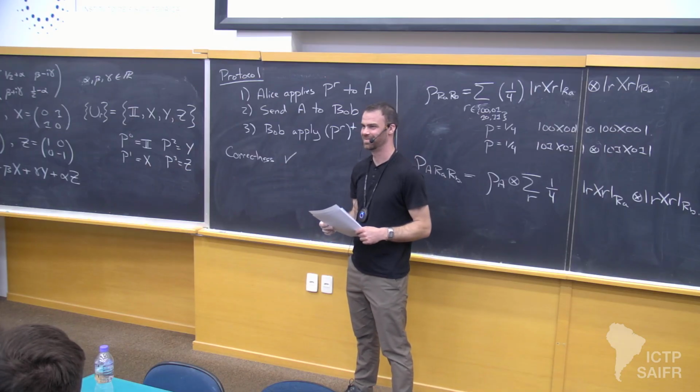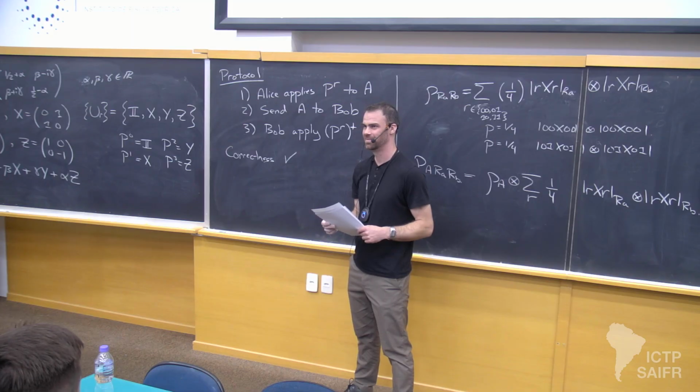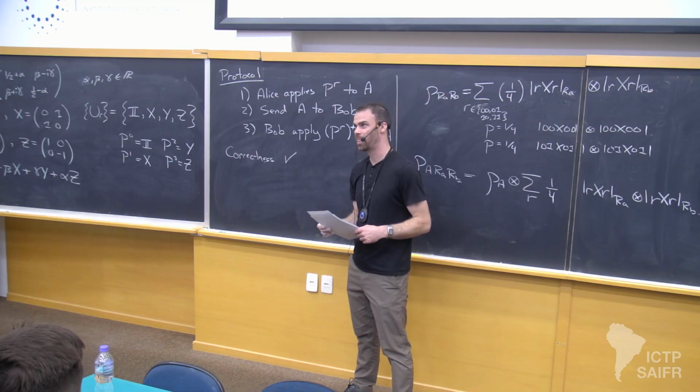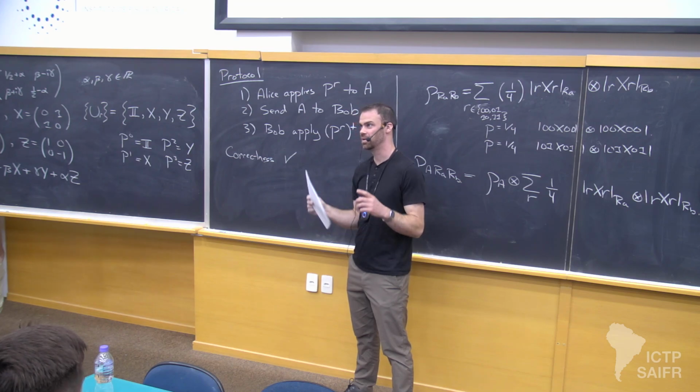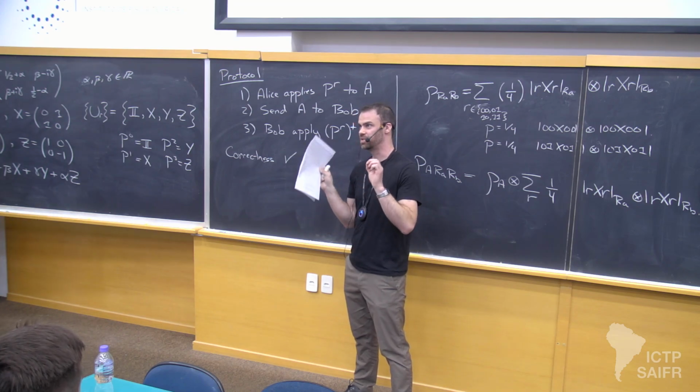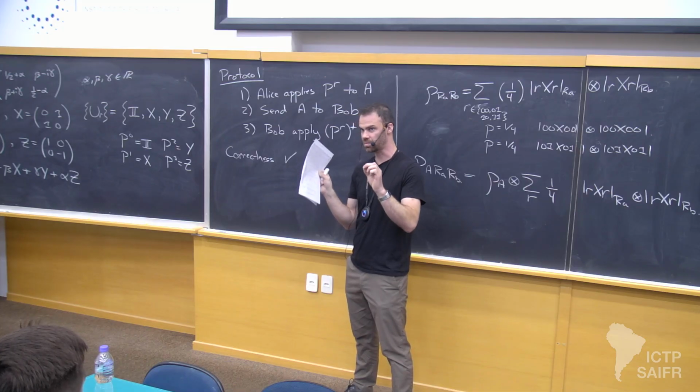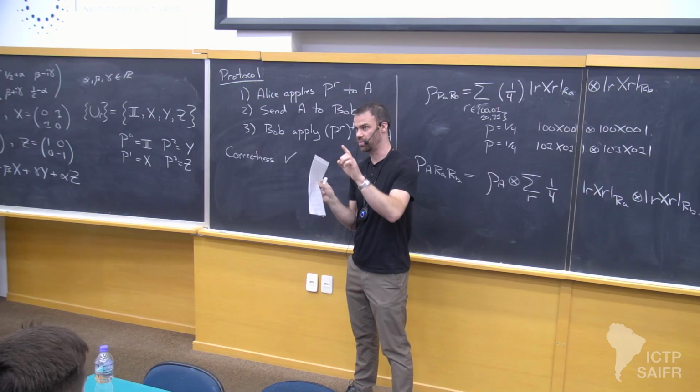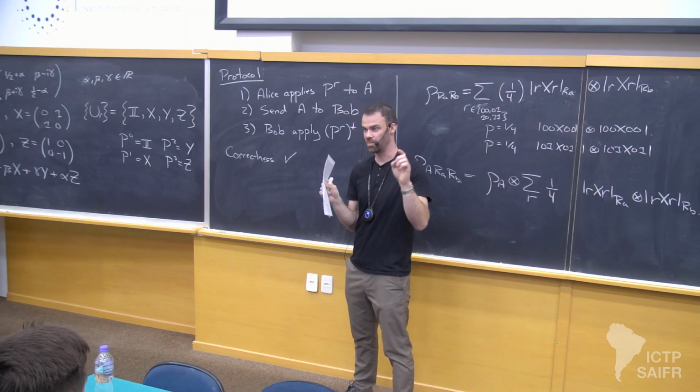Would you have more security if instead of sharing a bit, you share a qubit? So if Alice and Bob start out with each of them a qubit that is in a special state, they can use it to send a private quantum message of 1 qubit.